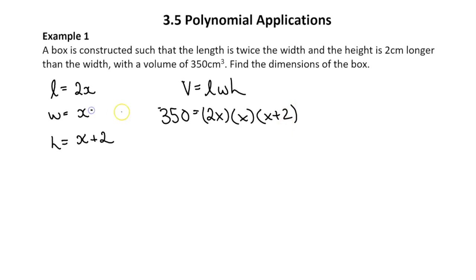What I'm going to recommend is that you take your graphing calculator and put 350 in for y1, and then enter the second part, 2x times x times x plus 2, in for y2, and we see if we can find a solution just graphically. Let's do that right now.